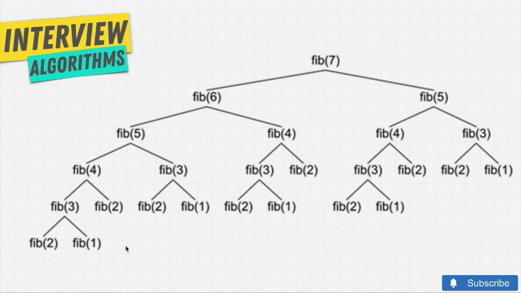And it's doing all of these until we get to fib of 1 and 2, where we have our base case that returns that number. So this becomes 1. This also becomes 1, and then it keeps returning until we get to fib of 7. Now this is a diagram that we're going to get back to, but you see we're doing a lot of calculations here. But simply put, this is all we're doing.